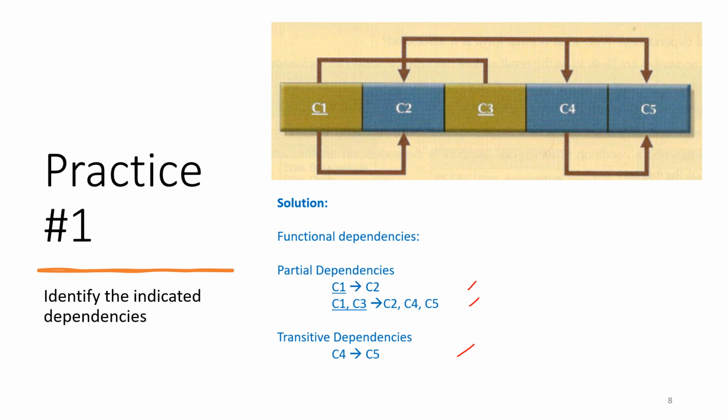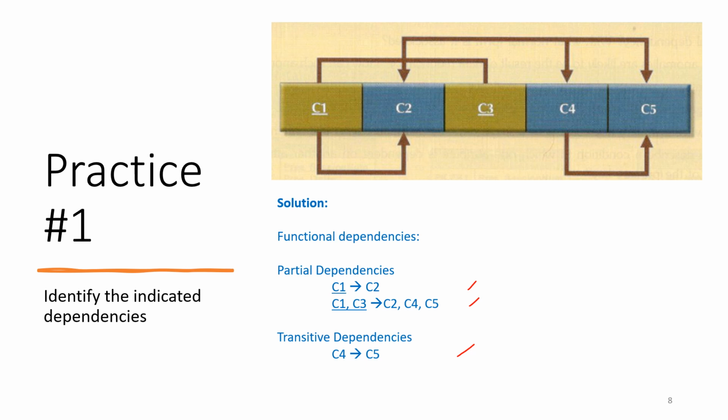Sometimes we do not have a transitive dependency, so when you remove the partial dependencies, the table is in the second normal form and third normal form at that moment. So you can practice with the given exercise.